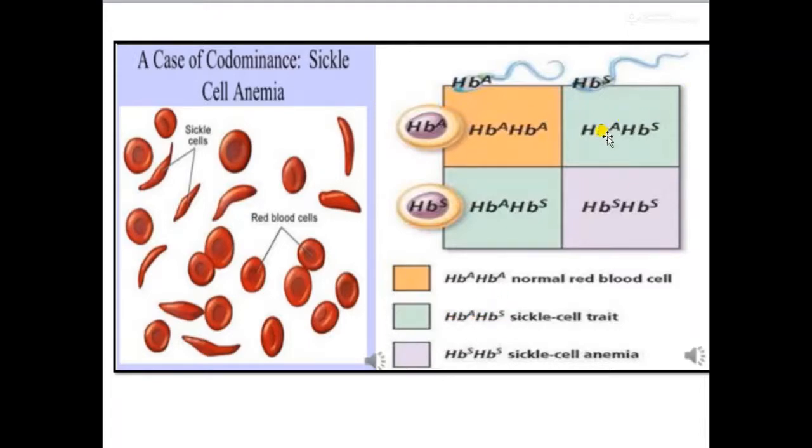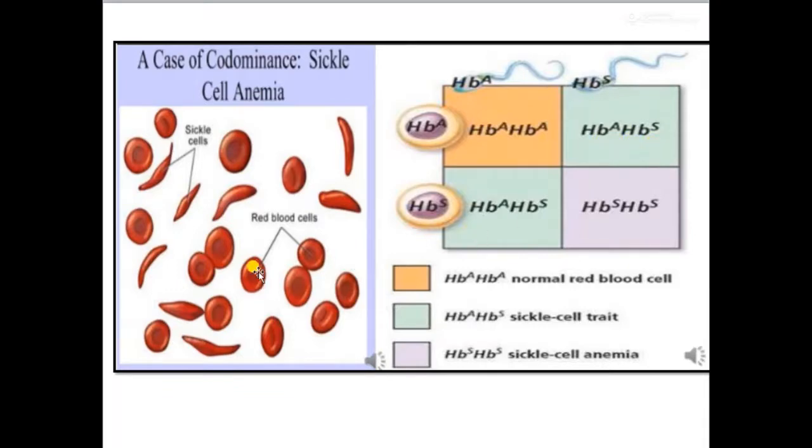And you have a recessive trait, that is sickle cell anemia, being formed in the HbS and HbS type of variety. So this is a type of codominance when you are having this particular variety, HbA and HbS.